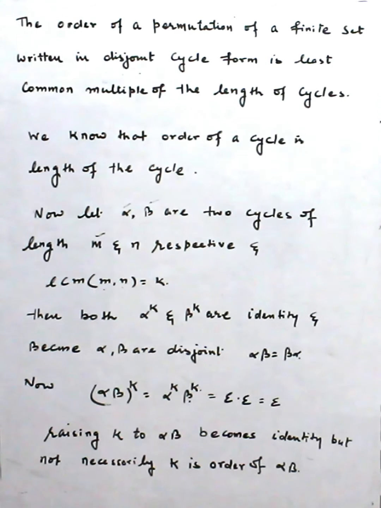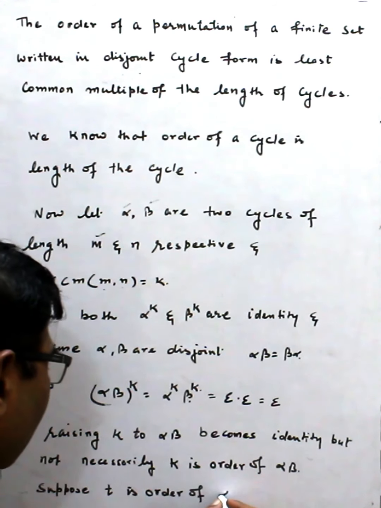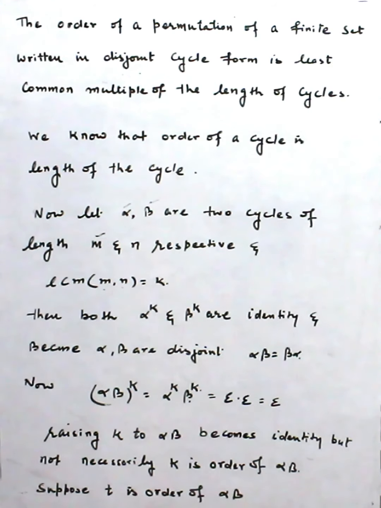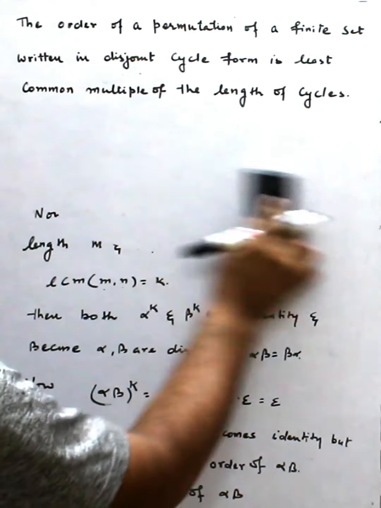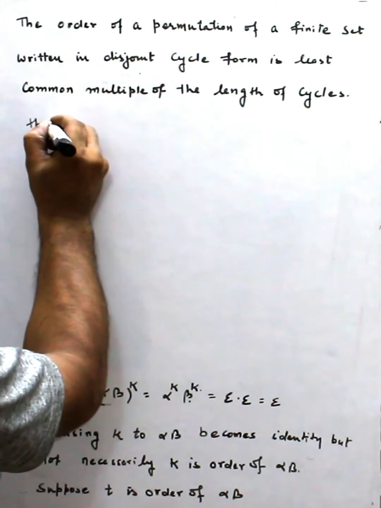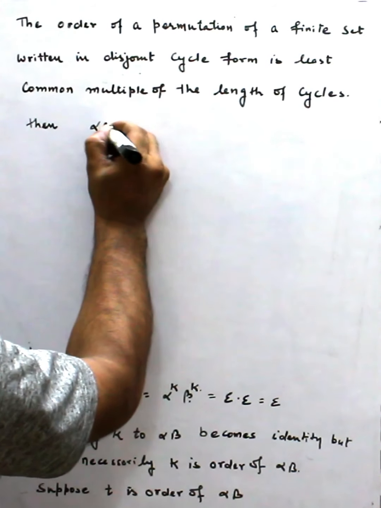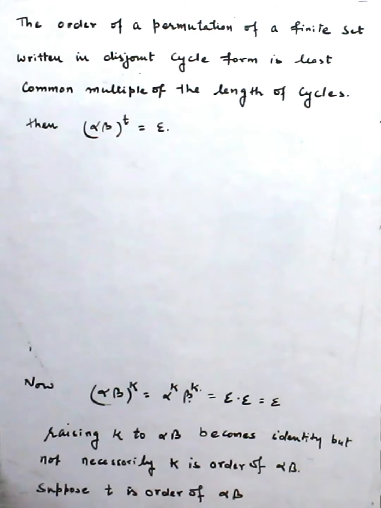Okay, suppose t is the order of alpha beta. Then what happens? Then alpha beta raised to t is equal to identity.